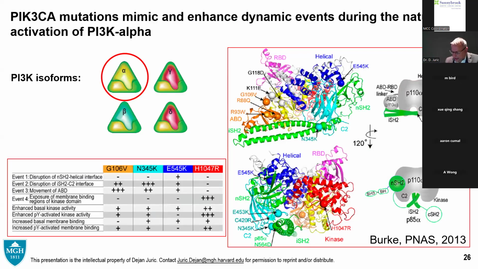If you could make yourself small, PI3 kinase looks almost like a kidney-shaped structure that has this regulatory domain unit, a P85, attached to it. And there are these components that grab the catalytic subunit, almost like brakes on a car. When you have a mutation, those interactions cannot happen.